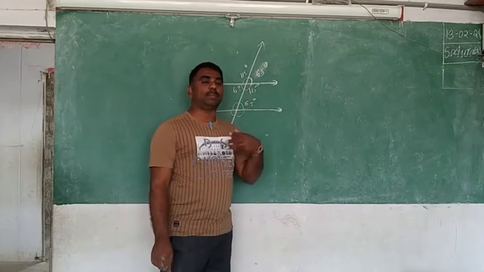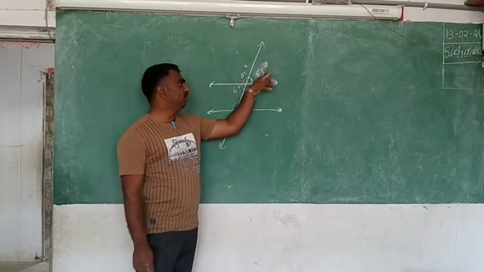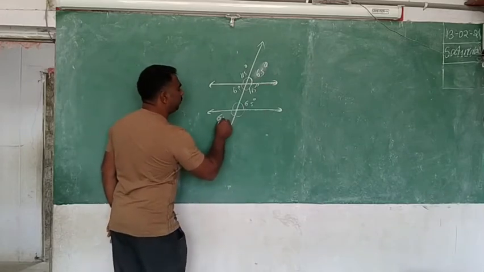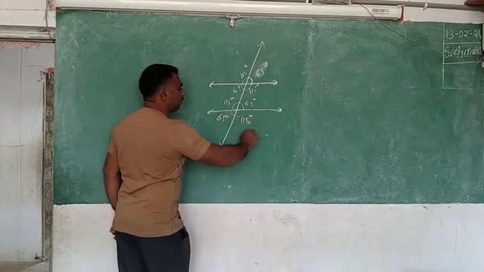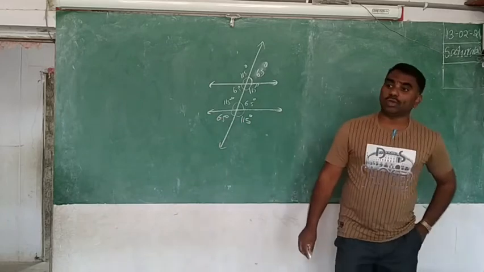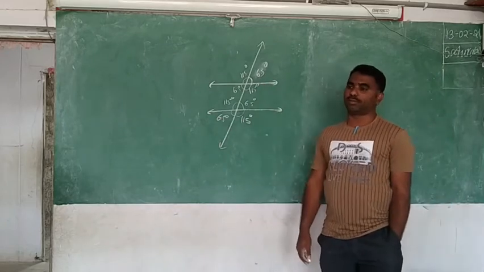But if you draw parallel lines, compulsory here also you will get the same angle. If it is 65, here also you will get 65. And you know that vertically opposite is 65 and here 115 and here 115. So these are the measurements you can get like that. Maybe exactly not like that, your measurements may be different.